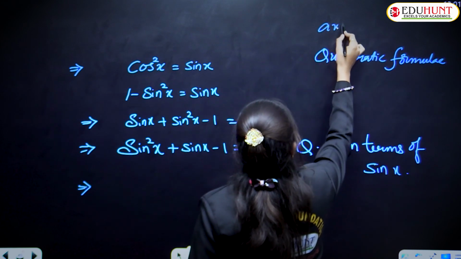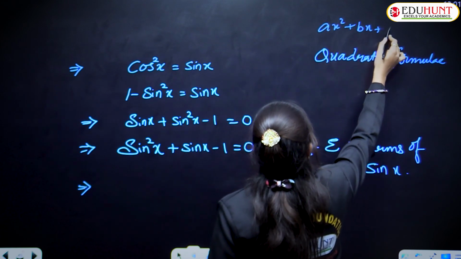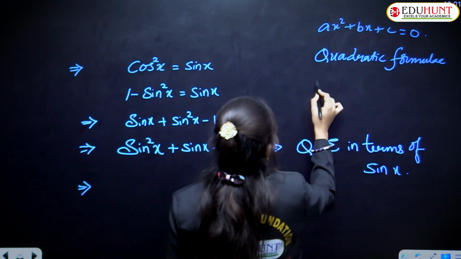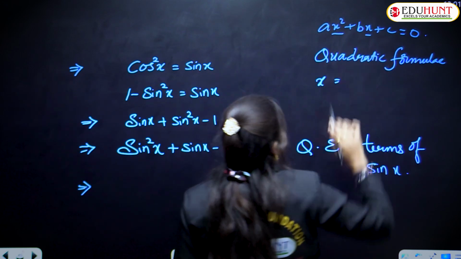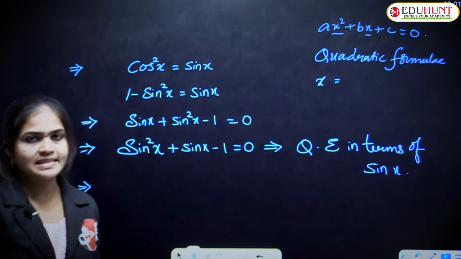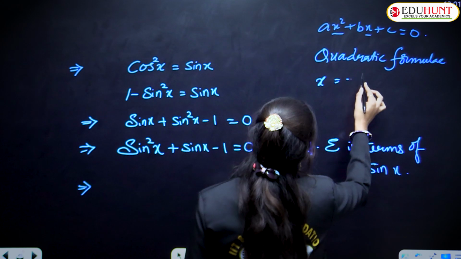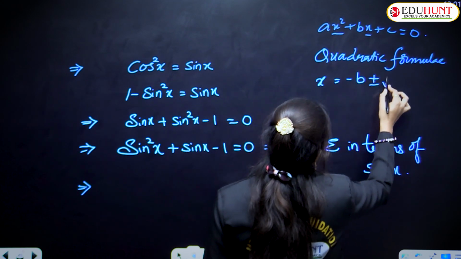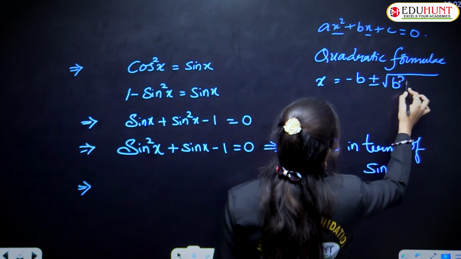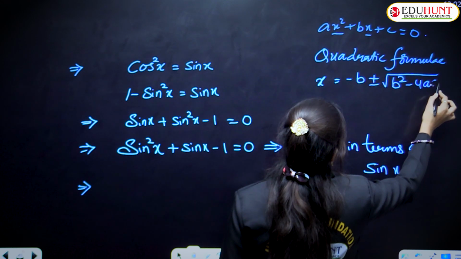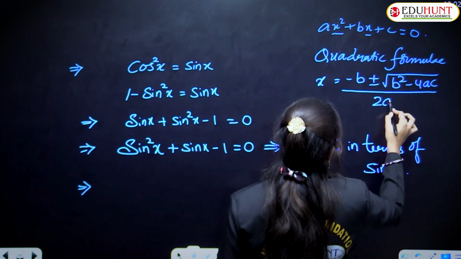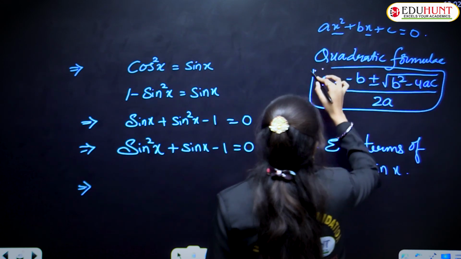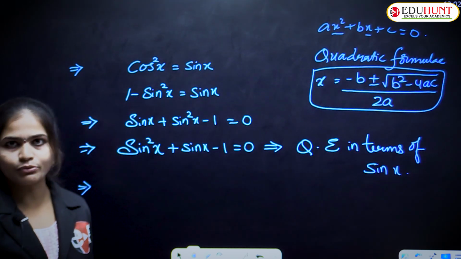If ax square plus bx plus c is equal to 0 is the quadratic equation, then x is equal to minus b plus or minus square root of b square minus 4ac by 2a. This is the formula to find the roots of the quadratic equation.